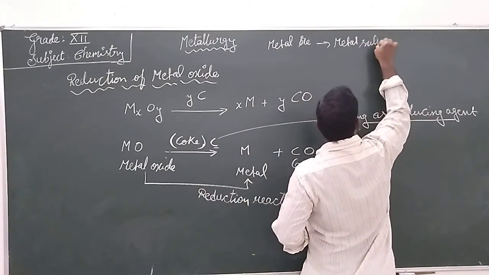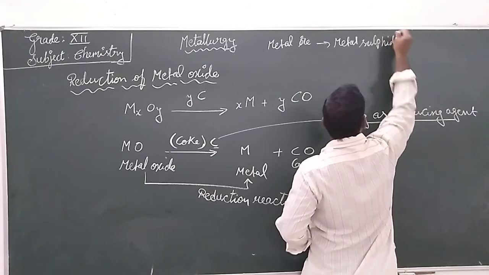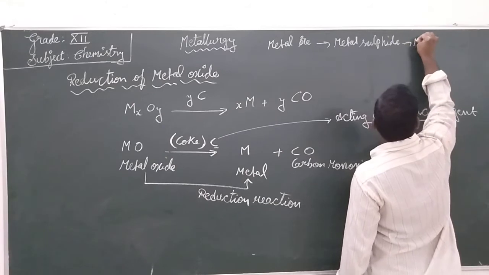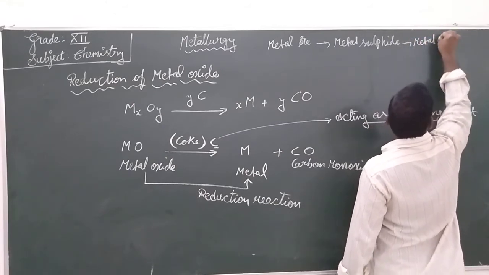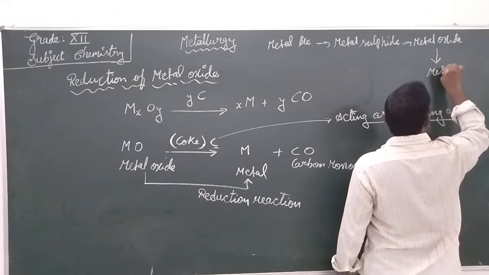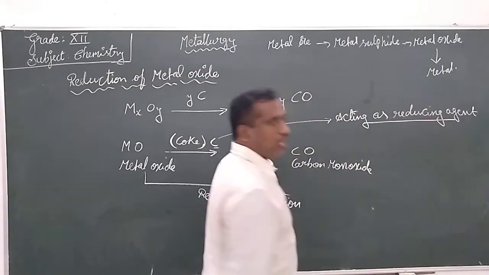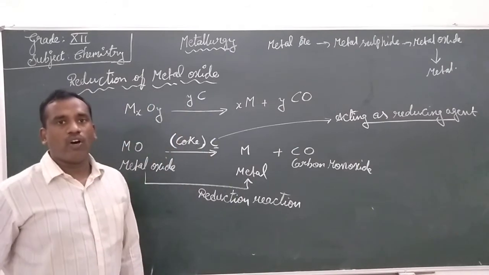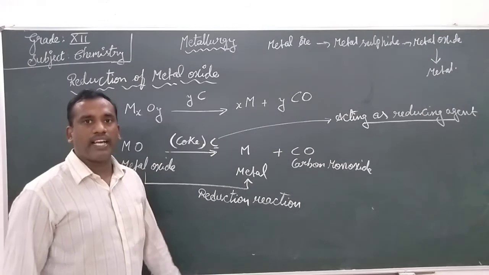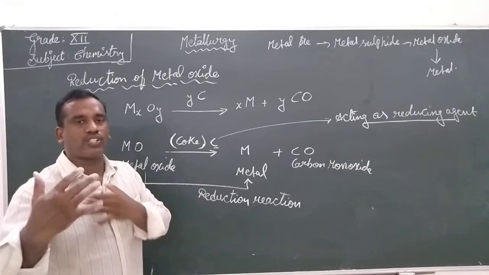Then the metal sulfide is converted into metal oxide. Again, the metal oxide is reduced to metal. These are the steps that are involved in converting a metallic ore into the metal after the concentration of the ore.